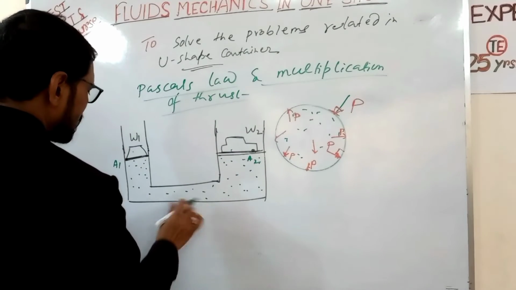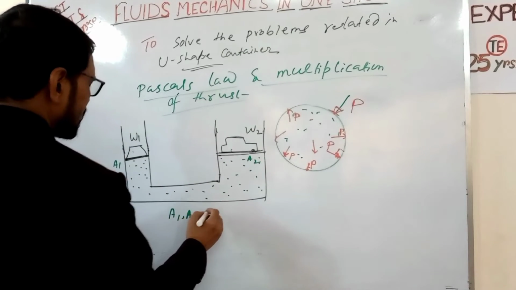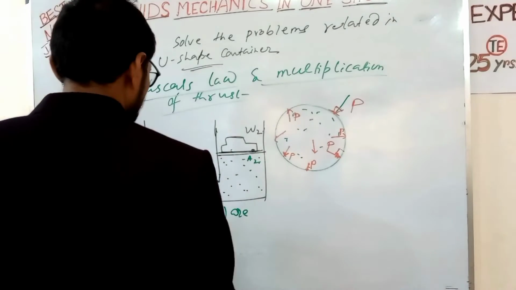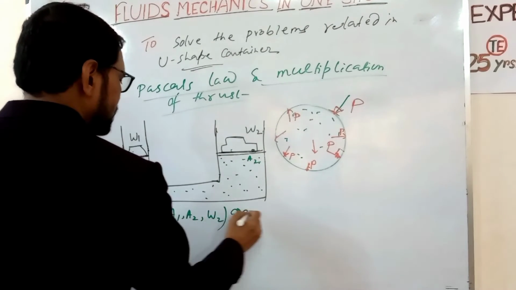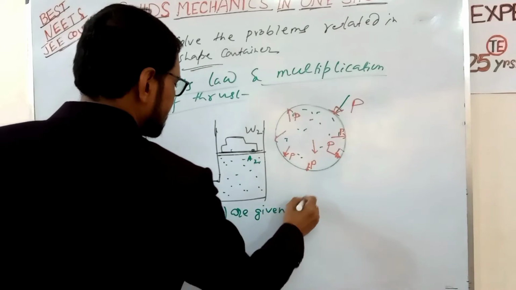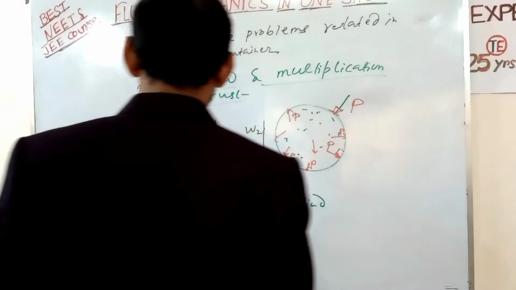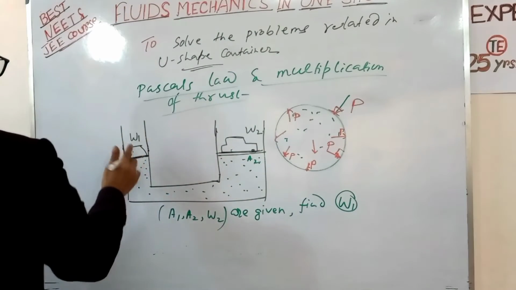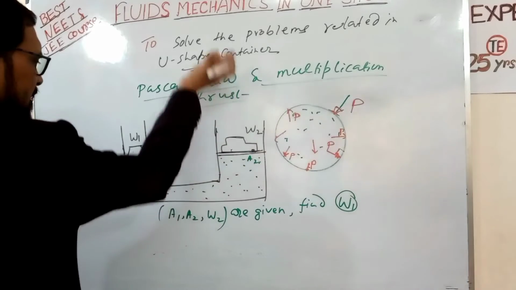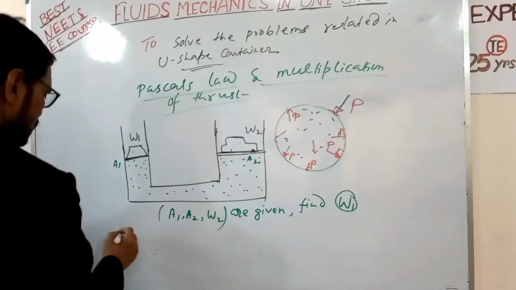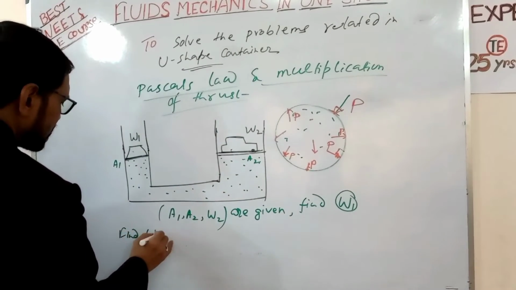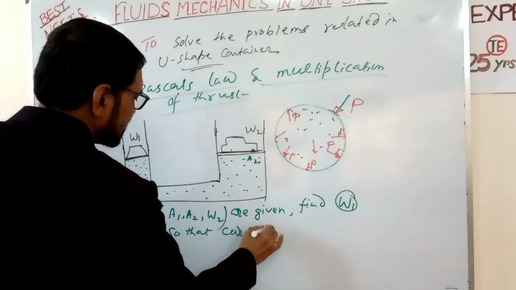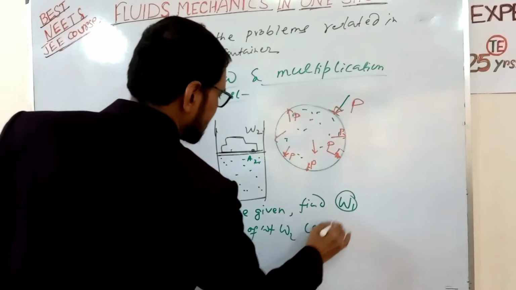Now A1, A2, W2 are given. Find W1. What weight should be placed on this piston so that the car can be lifted? Find W1 so that a car of weight W2 can be lifted.